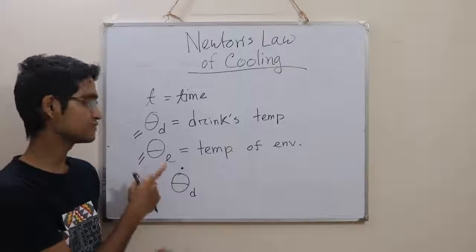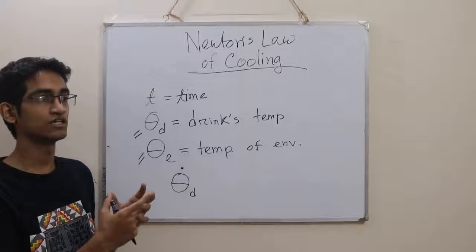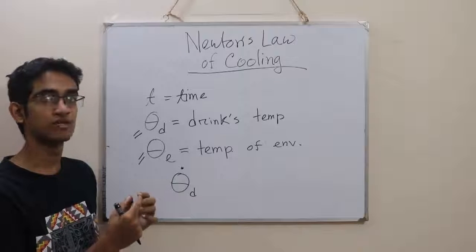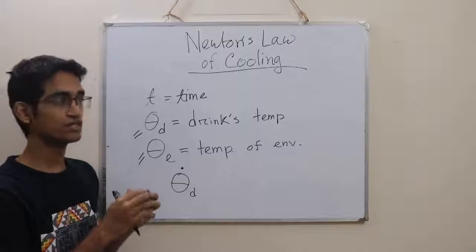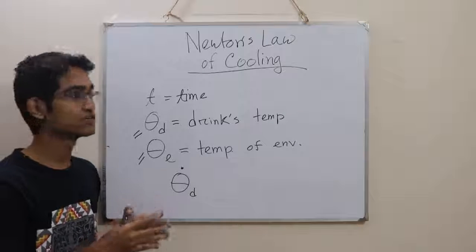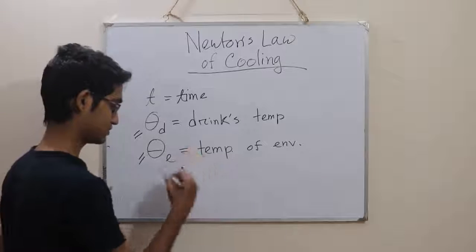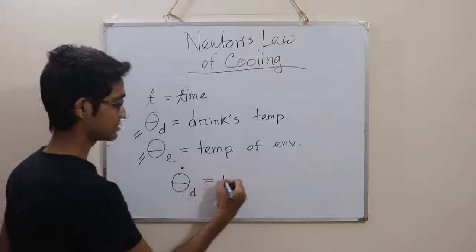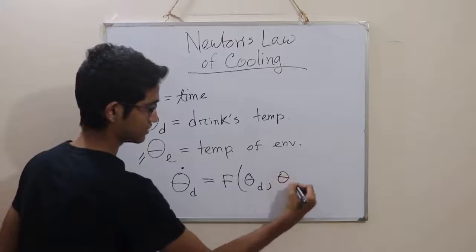If theta E is very high, then theta d will also change a lot in a very small time. If they are quite close to each other, then the rate of change won't be as high. So what we can think is that the rate of change of theta d is a function of theta d and theta E.